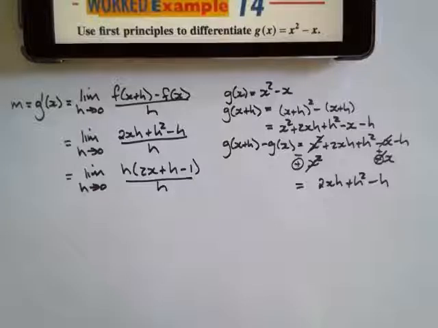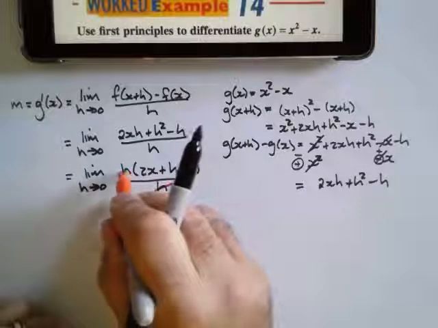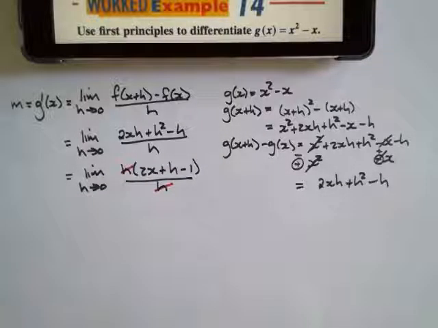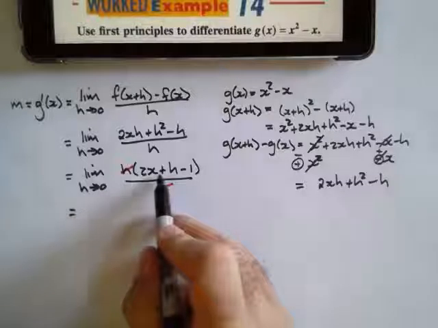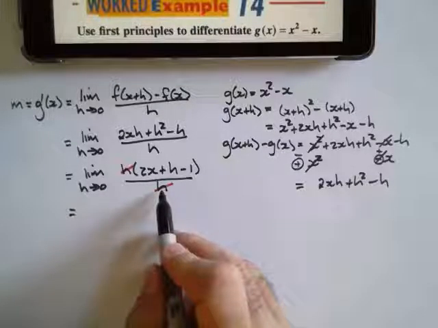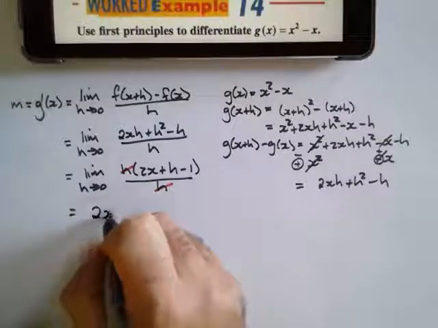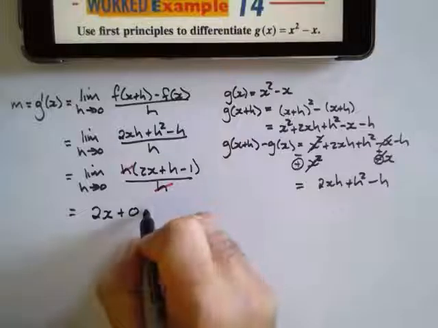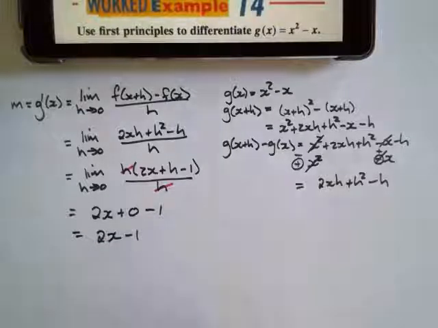Now, because I've got one h as a factor at the top, this h can cancel with that h. Once I've done this, I can substitute 0 in the place of h because I'm not dividing by 0 anymore. So this 0 will be substituted, and I'll say 2x plus 0 minus 1, and that gives me the answer of 2x minus 1.